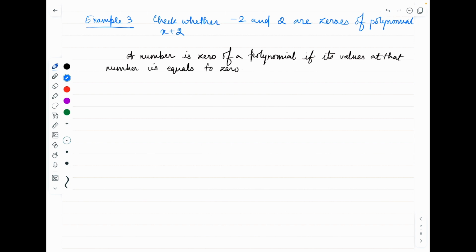Understood? It means if the polynomial's value becomes 0 at that variable's value, that number is called a zero.